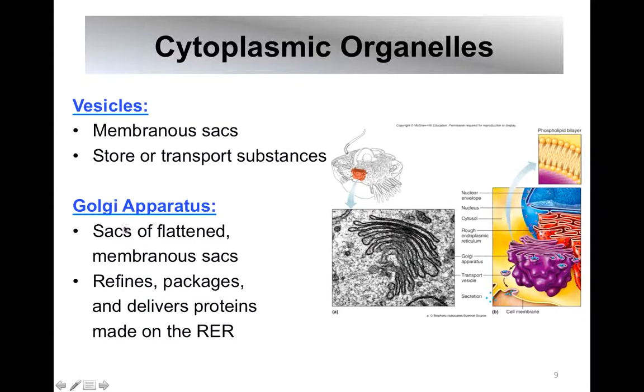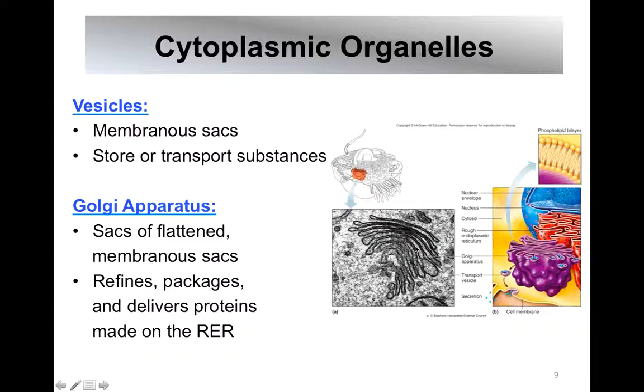The Golgi apparatus looks a lot like the ER, but it's not attached to the nucleus. So that's how you can tell the difference there. And the Golgi apparatus is where proteins are modified and packaged for export from the cell.